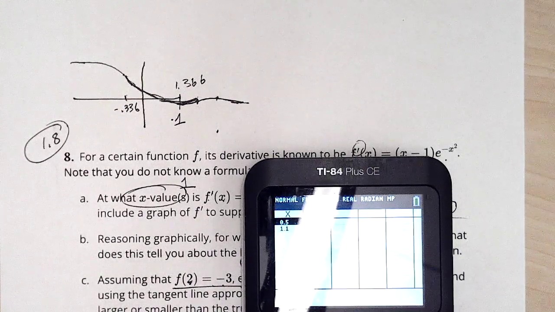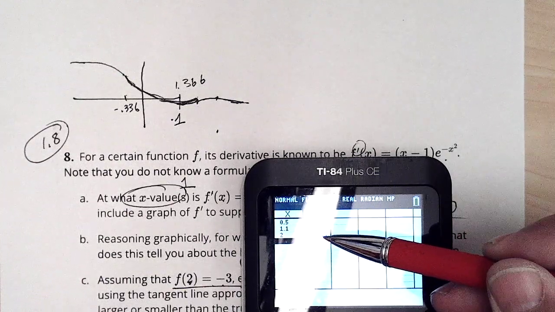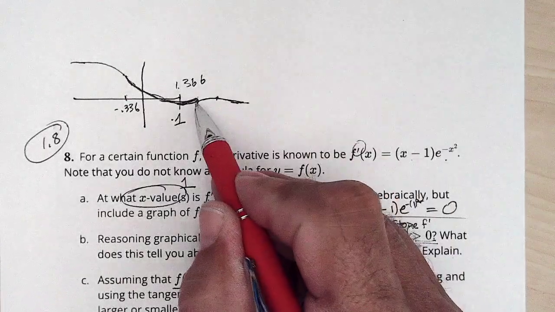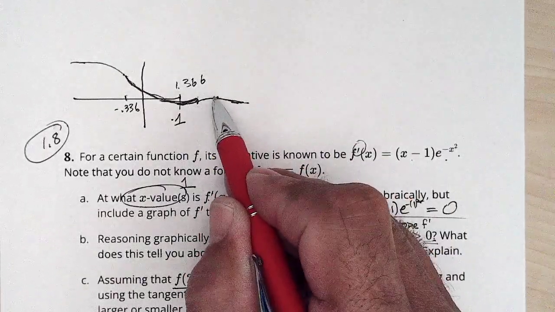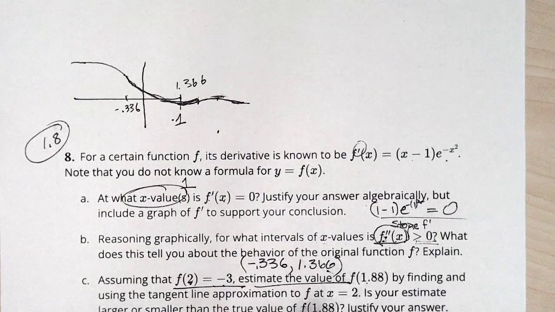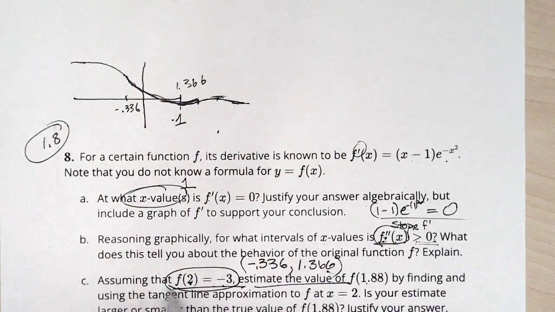So I'm going to go second table and put in 2, and it says the slope is 0.018. The original graph at 2 has a positive slope of 0.018 times x minus 2, plus f of 2, which we have no way of knowing until they told us this.